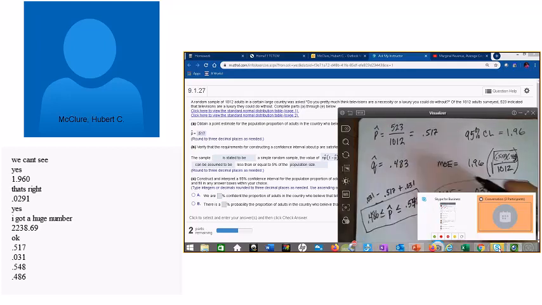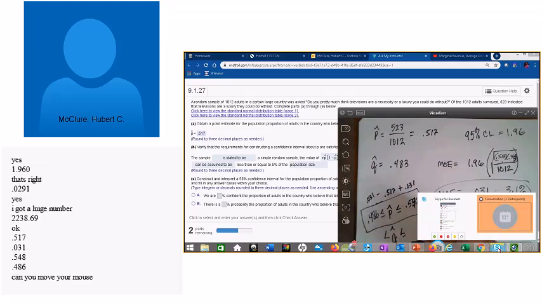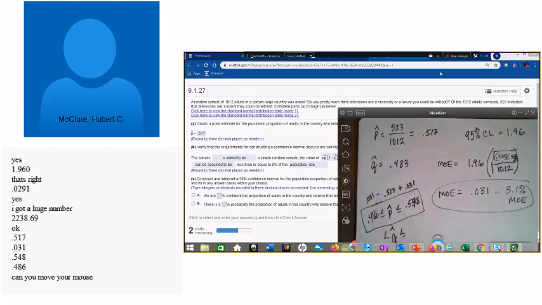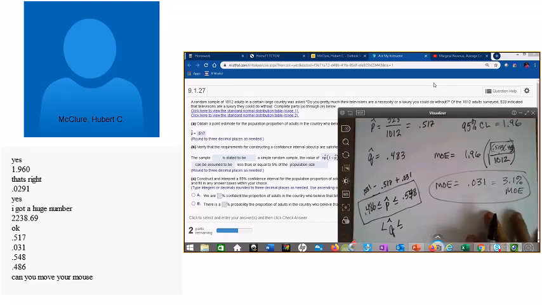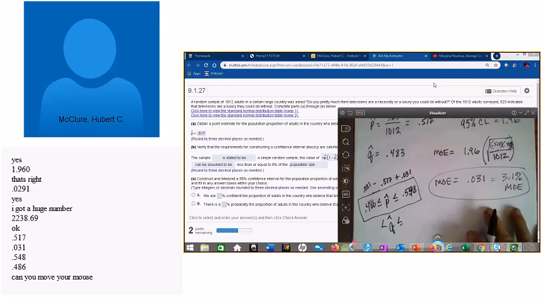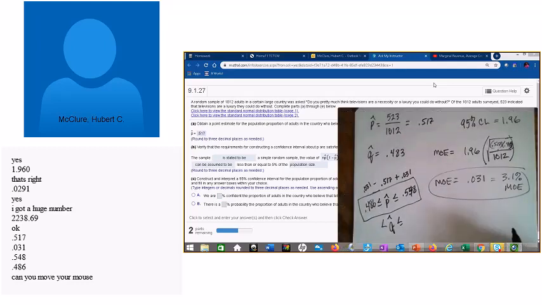Now let's do q hat, because they're going to ask for q hat. So q hat is what? 0.483. So 0.483 plus 0.031 is going to be 0.514.